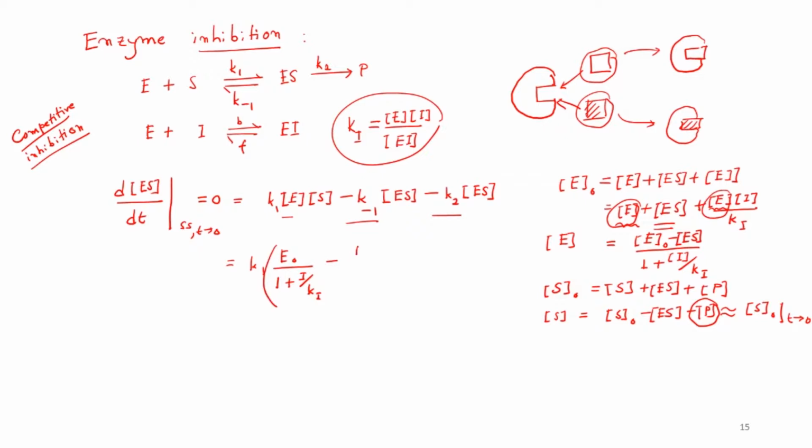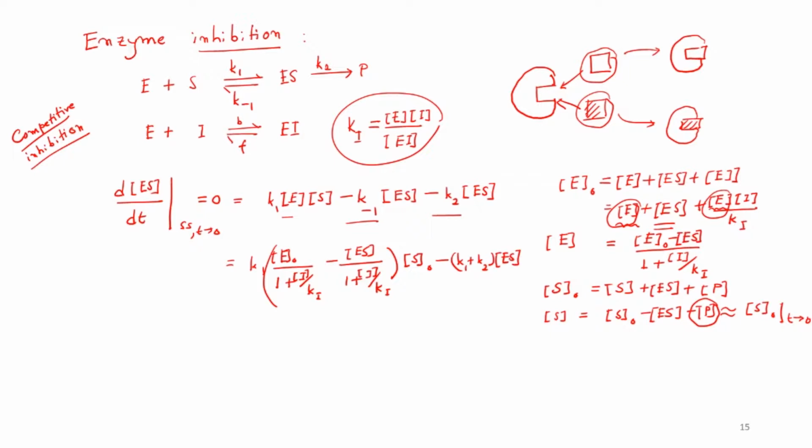I'm just separating the terms, because I'll just collect the terms which are ES, enzyme substrate complex, 1 plus I by Ki. This will be I, the concentration of I, and then I have S. S is nothing but S0, already you know that, and then I have minus K1 plus K2 into ES, that is equal to 0.